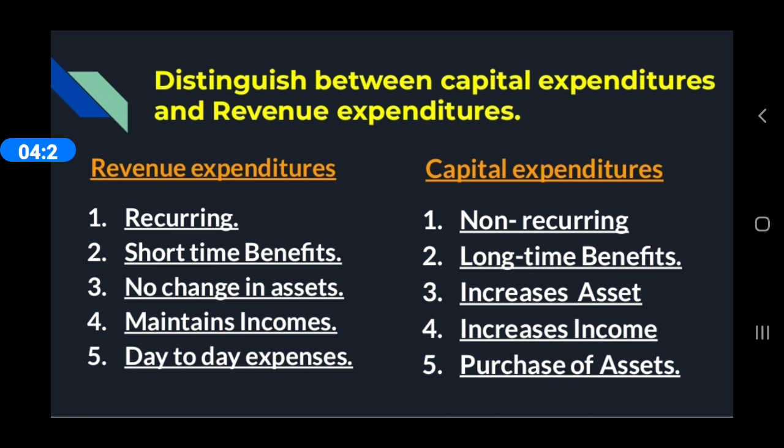Those are revenue expenditure, but they won't increase the value of the asset or the earning capacity, they just maintain it. But capital expenditure means purchasing additional furniture for a cinema theatre. That increases the earning capacity, and so increases the income.